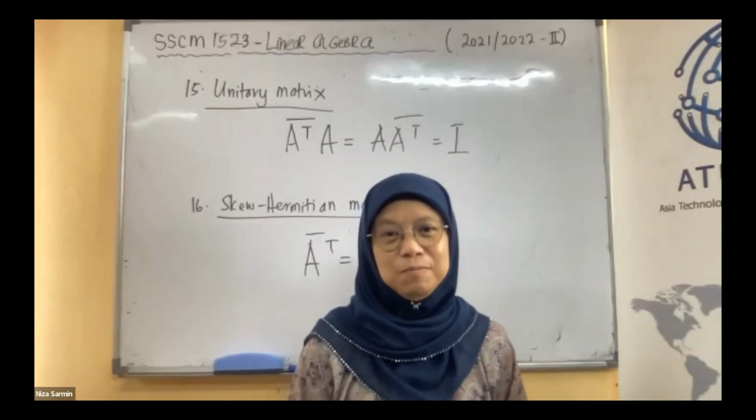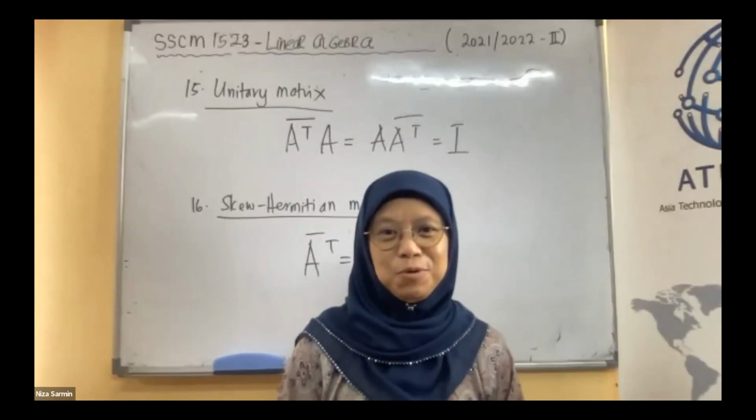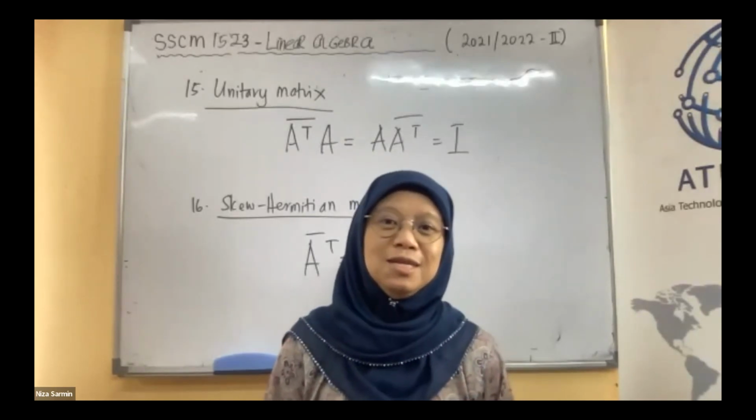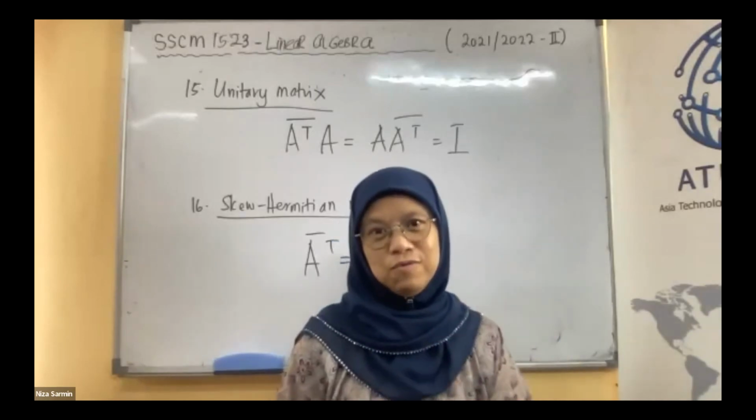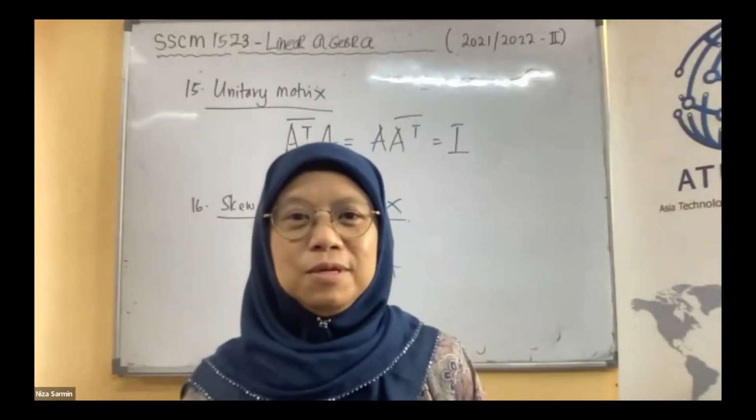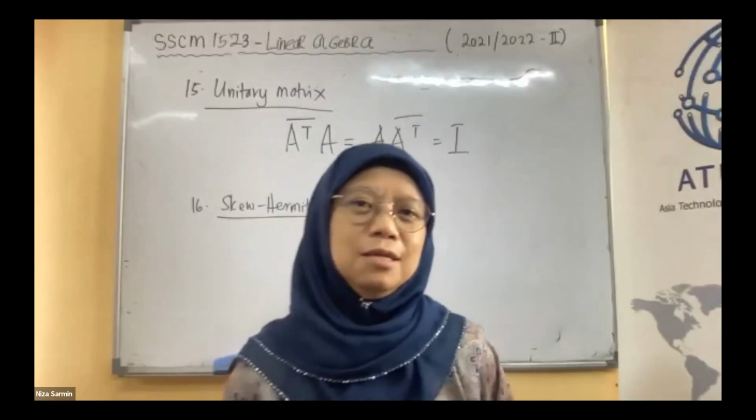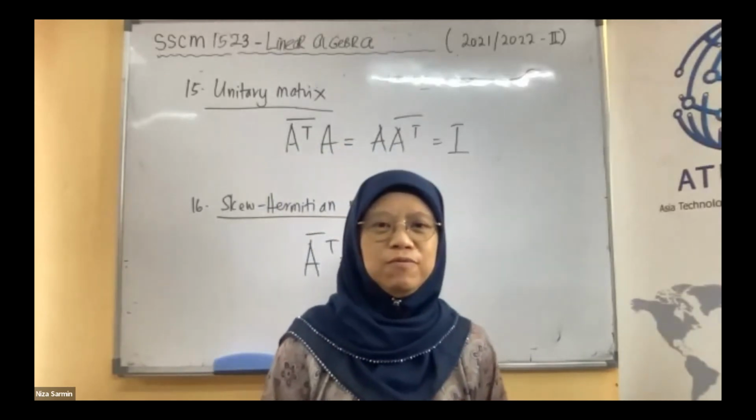So it's very, very important. That is my point. Elementary row operation is the key to the whole of the linear algebra class, because you will be using it until the end of the semester, or chapter 5.